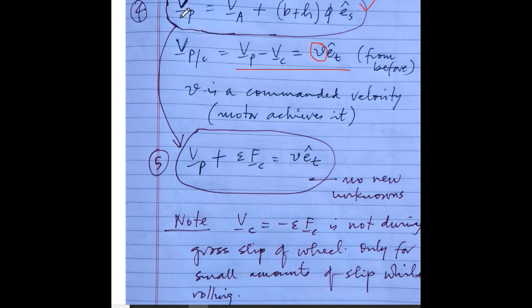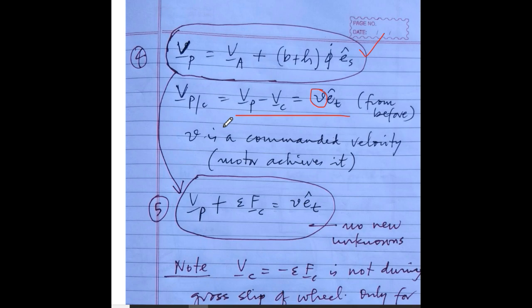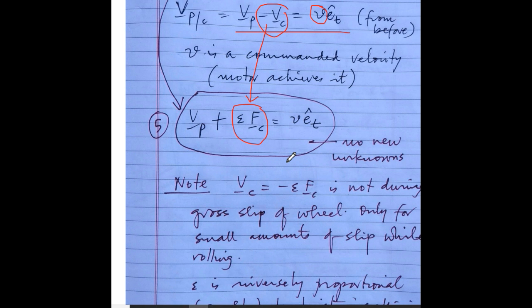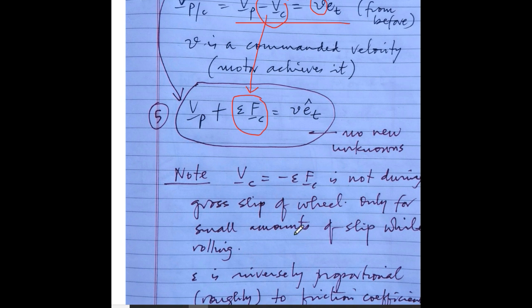The velocity of P, therefore, is what? So I am writing this one here like this. So my slip constitutive relation has entered the equation. Please note that this constitutive relation is not during gross slip of the wheel.